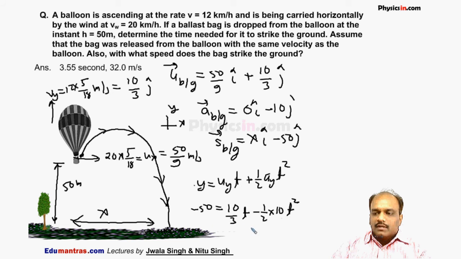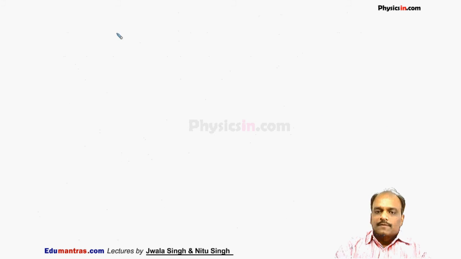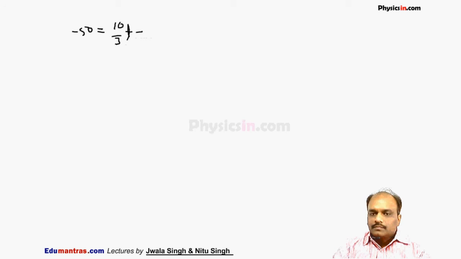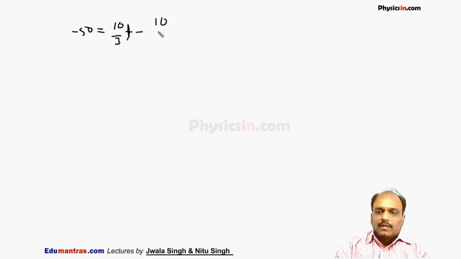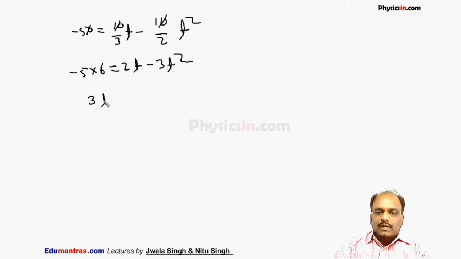So this becomes quadratic in t. From this expression we can say minus 50 is equal to 10 by 3 t minus 10 by 2 t square. So this 10 will cancel out. We get minus 5 into 6 is equal to 2t minus 3t square, or 3t square minus 2t minus 30 is equal to 0.